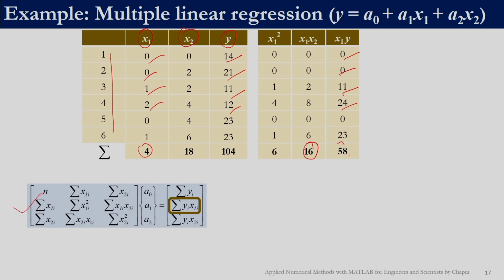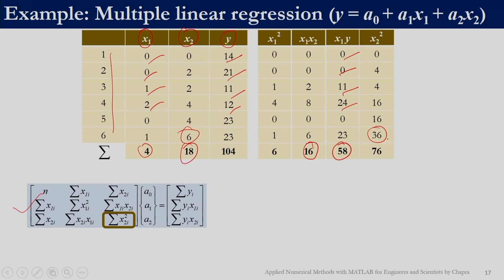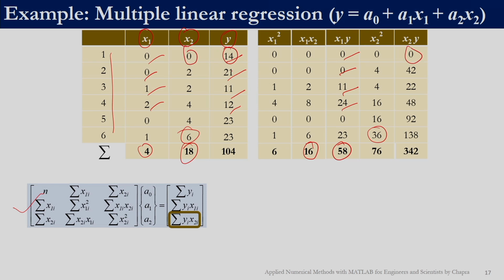That summation happens to be 58, and then we will require x2 square. Each element of x2 has to be squared. We have 6 over here, 6 square is 36, and then we need to sum this. Remember again it is not 18 square, we need to sum this vector, right. That is 76. Similarly, we have to calculate x2 into y. In that case it is 14 into 0, so 0, 21 into 2, 42, and similarly we can calculate the other values, and that summation would be 342.